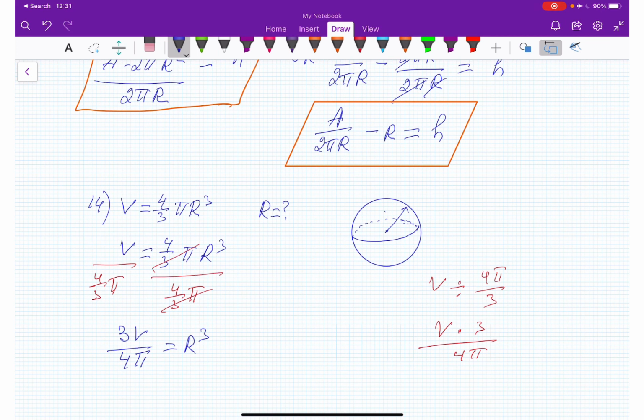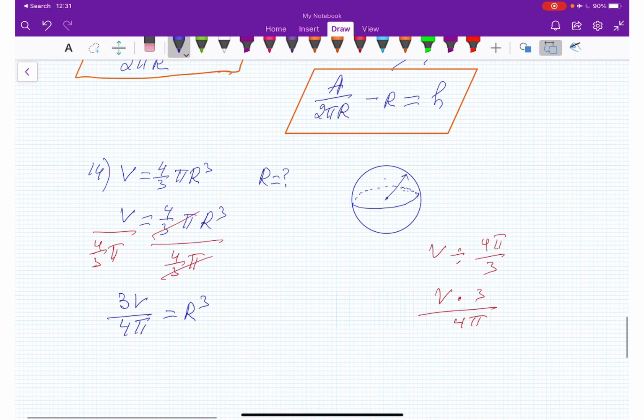But we don't need r cubed, we need only r. So what we are going to do here, making space. So what will be opposite to the cube operation? The opposite to a squared operation is the square root of a. And if we have r cubed, we are going to take the cubic radical.